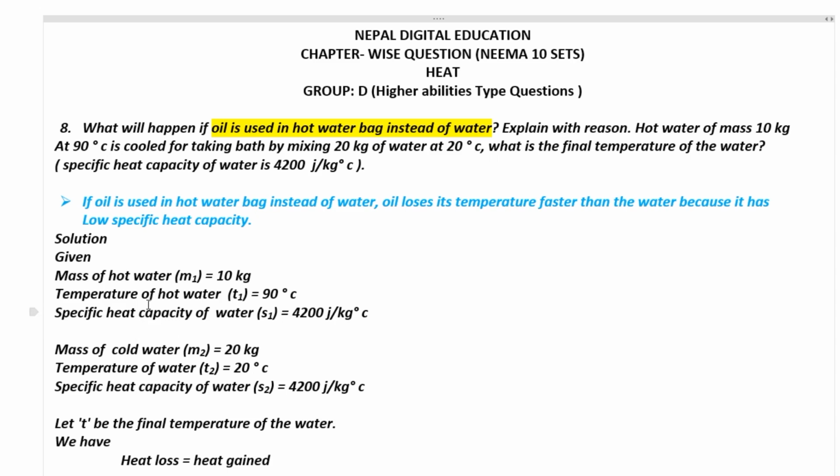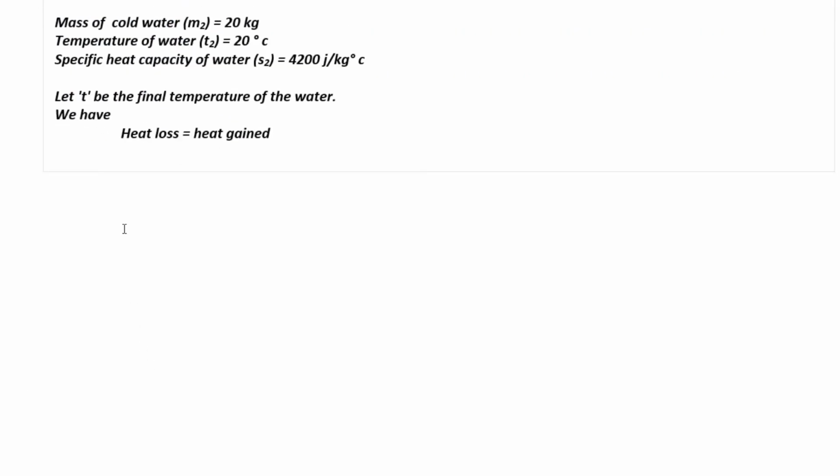So it is related to the principle of calorimetry. Hot water loses heat and this cold water gains heat. So according to the principle of calorimetry, we have heat loss equal to heat gain. So heat lost by hot water equals heat gained by cold water.